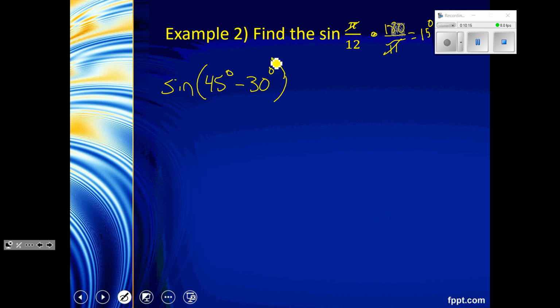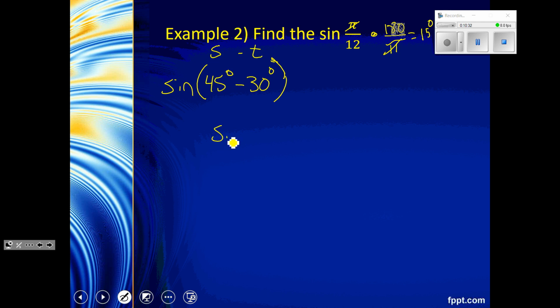Okay, so let's go to our sine formula. You tell me, how would I set up my sine formula? What's the first part? Okay, so the sine of s, so this is s minus t, right?